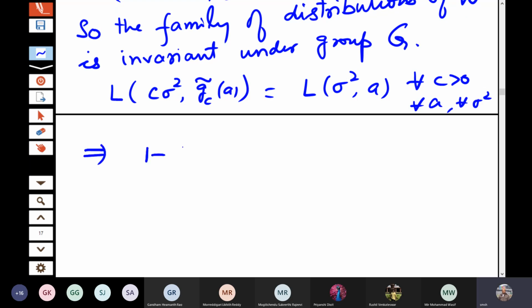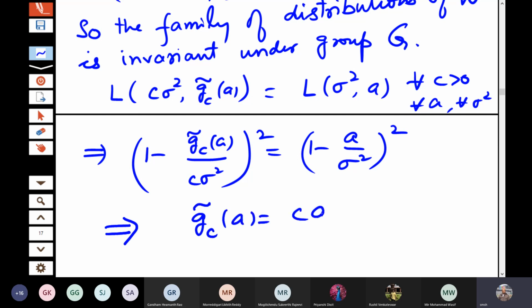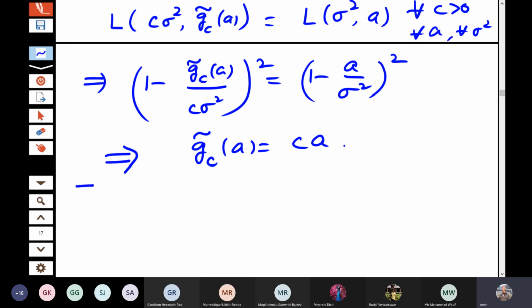Now this is (1 minus GC tilde A by C sigma square) whole square, that is equal to (1 minus A by sigma square) whole square. This implies that we should have GC tilde A is equal to CA. Okay. So the estimation problem becomes invariant.